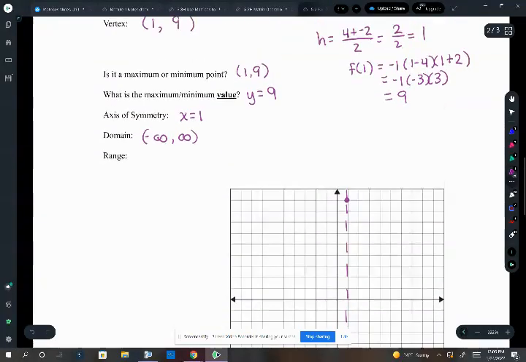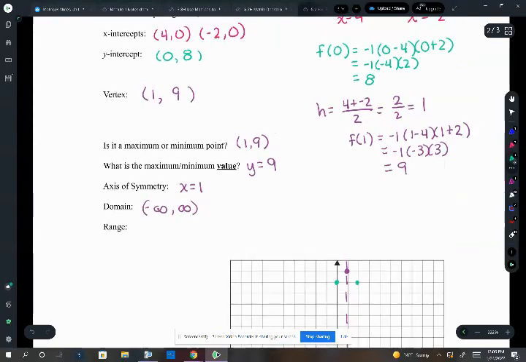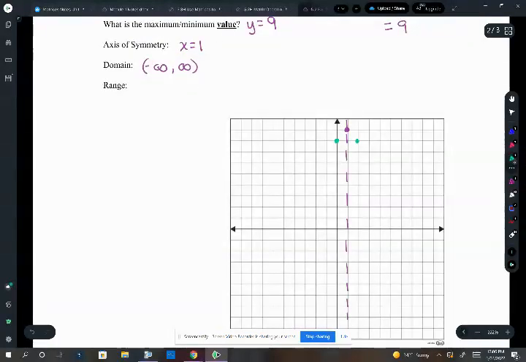We know that our y-intercept is at 8. So we're going to mark that. Remember, axis of symmetry means if we have a point one space to the left, then we're also going to have one space to the right, because it's symmetric around that value. Then we have our x-intercept at 4, 0.